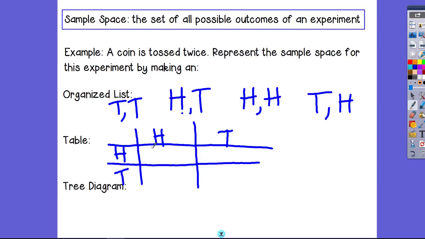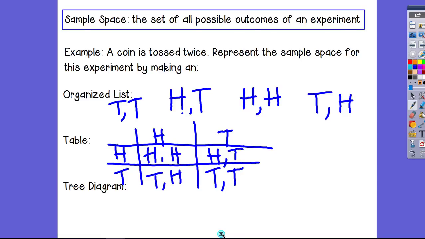It's almost like a Punnett square, like what you did in biology. Our first outcome could be heads, heads: heads first, heads second. Our second one would be heads, tails: heads first, tails second. Then our next one would be tails, heads, and then our last situation would be tails and then tails.